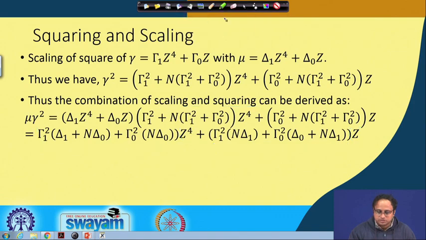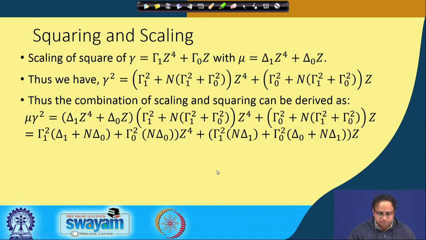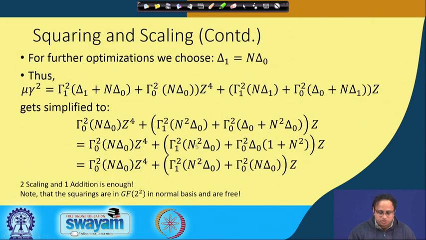Now with this, we can observe a few more interesting things. To start with, when I want to do further optimizations, let me set delta 1 equal to n delta 0. Note that the choice of mu is in my hand to some extent. If I plug in this optimization, that is delta 1 equal to n delta 0, then in this original equation for mu gamma squared, you can observe that this term will vanish, because delta 1 plus n delta 0 will work out to 0.